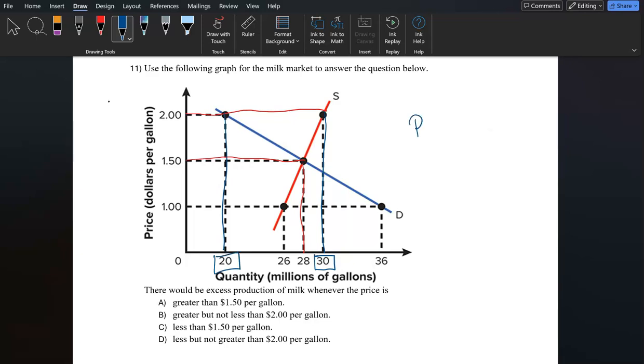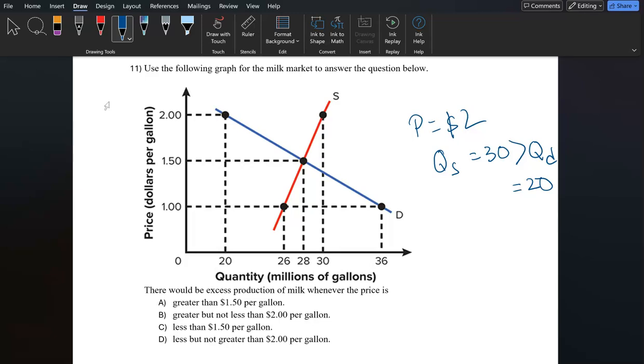So when the price is $2, quantity supplied, which is 30, is greater than quantity demanded, which is 20, and we say there is a surplus of 10 units.